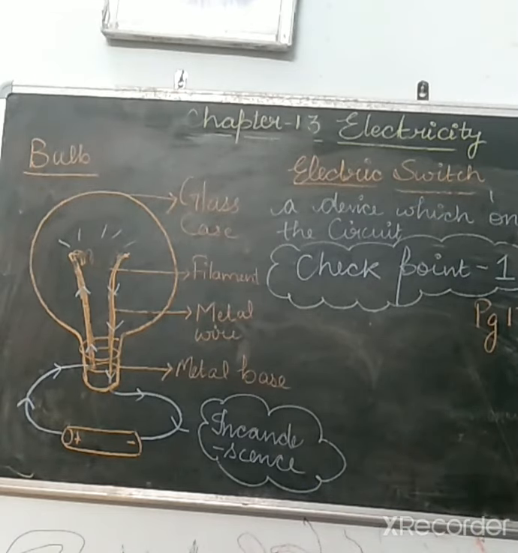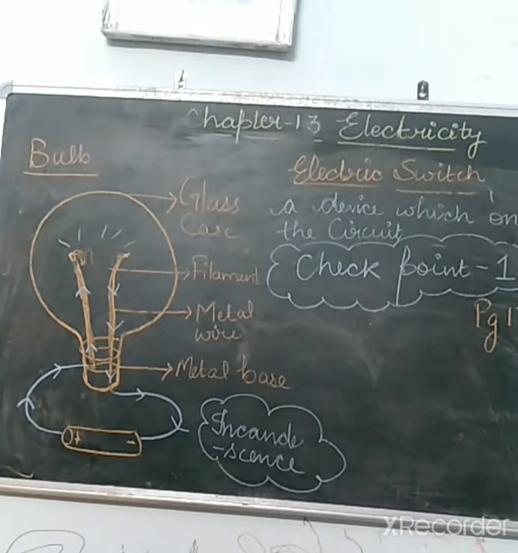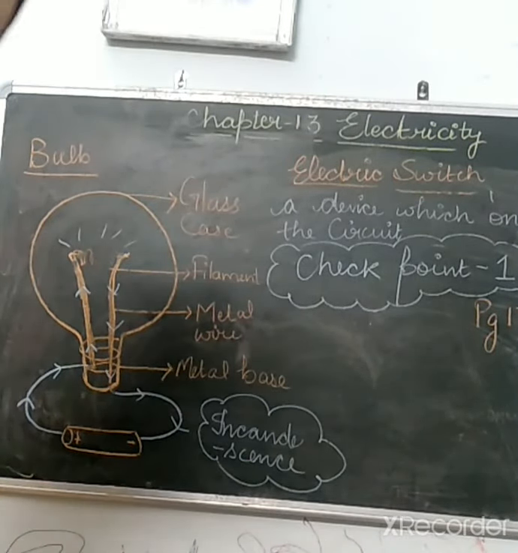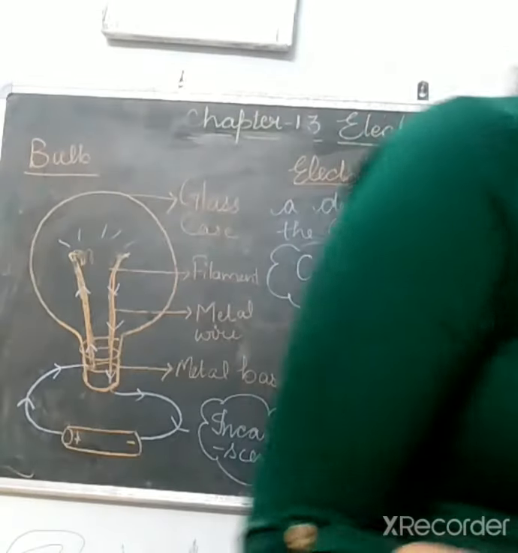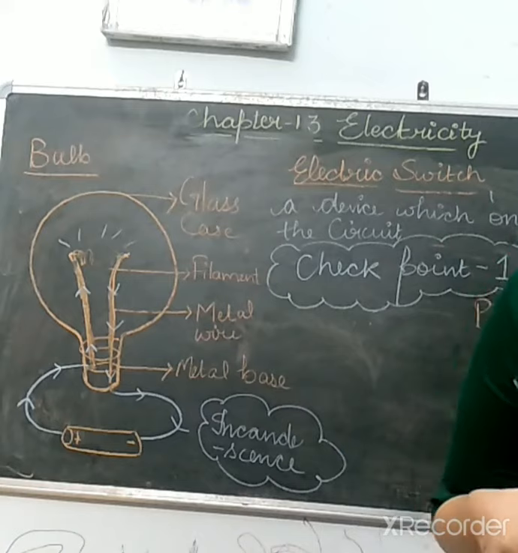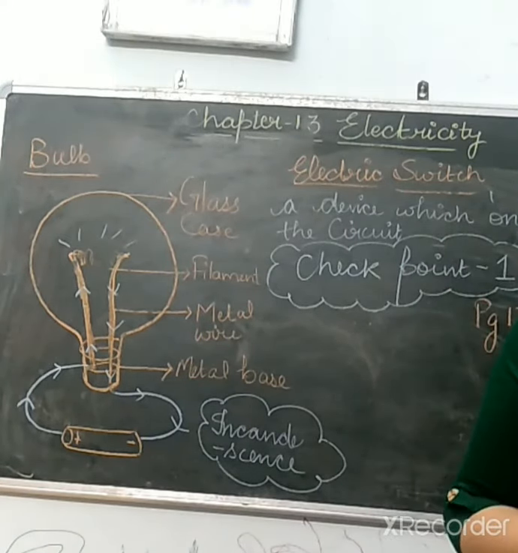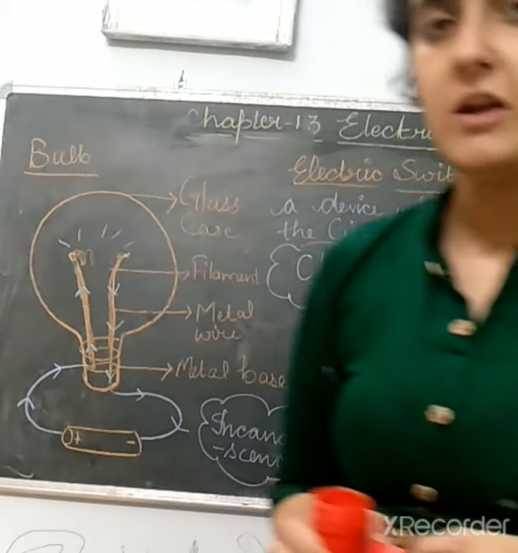And we know in an open circuit current cannot flow, and in a closed circuit current can flow, right? Next, I'll show you the structure of an electric torch. Nowadays we are not using an electric torch because we have a flashlight in our phone, right? But I'll show you the structure of an electric torch.